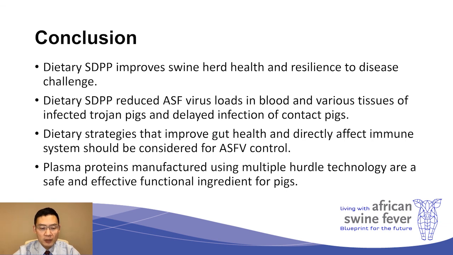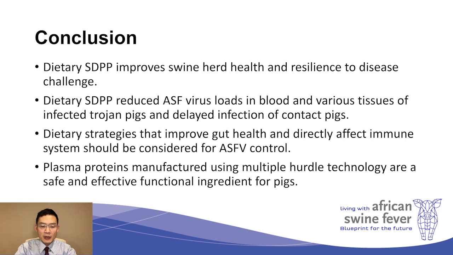We also believe dietary strategies are very important, especially those that improve gut health and directly impact the immune system. Those strategies need to be considered for African swine fever virus control.